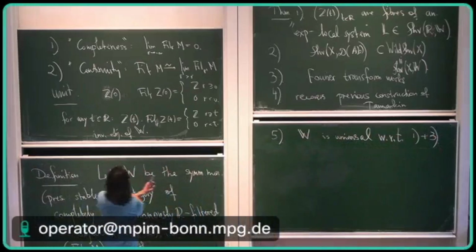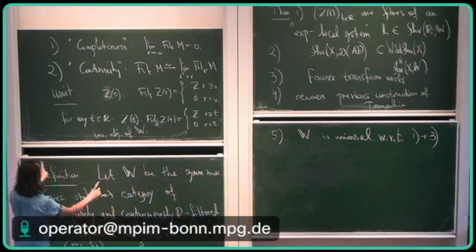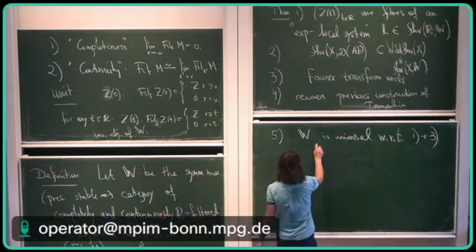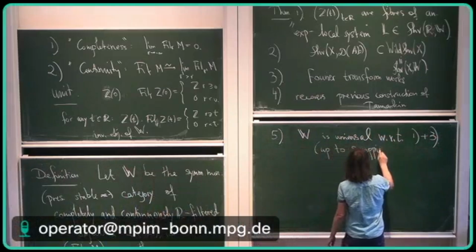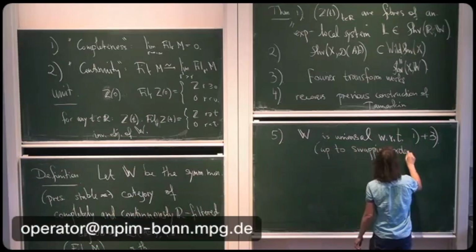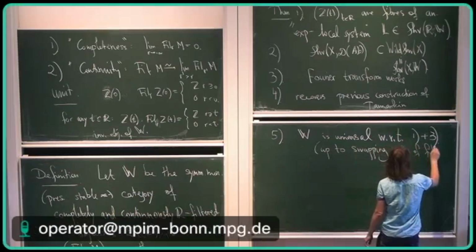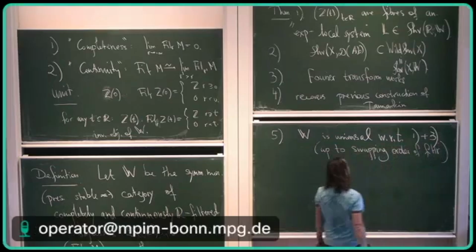Up to one small issue: you could have defined a version of W where you just swap the order of the filtration. This gives another example, but those two are the universal cases.